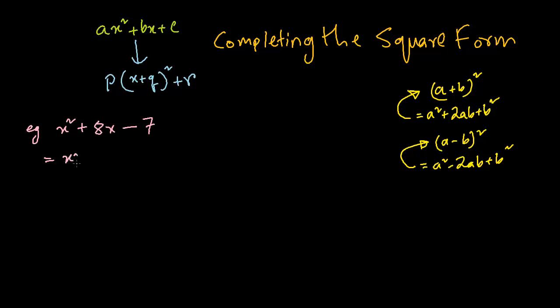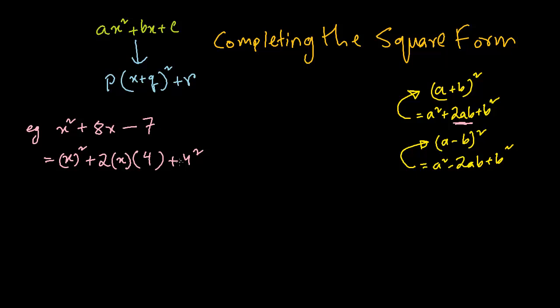So if you write the first term as a squared plus, now the second term is going to be 2ab right over here. So we can write here 2, a is x. Whatever is left over is 4, because 4 twos are 8. So this is the b. Now this part is done. Now what we want to do is add a b squared, so plus 4 squared. This is something that was not in the previous line.